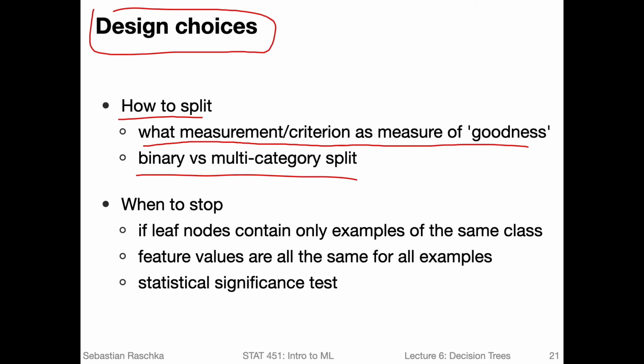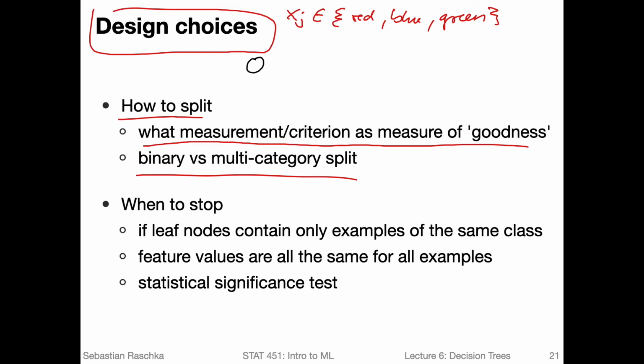So consider a case where we have a feature column with more than 2 possible values that are categorical. For example, let's say we have feature xj and the possible values are red, blue, green. For that we can develop a decision tree with a multi-category split.